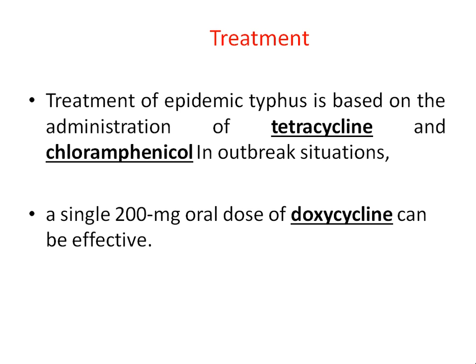So in an outbreak situation, where the outbreak occurs at the community level and becomes prevalent, antibiotics like tetracycline and chloramphenicol are usually advised by the doctors. A single 200 mg oral dose of doxycycline can also be very effective in killing the bacteria present in the bloodstream.